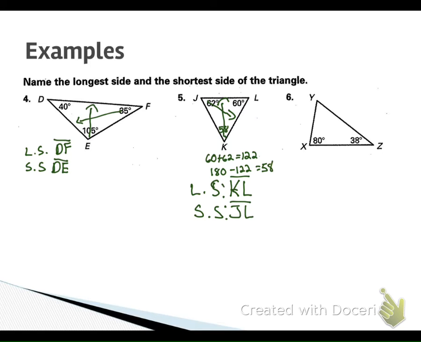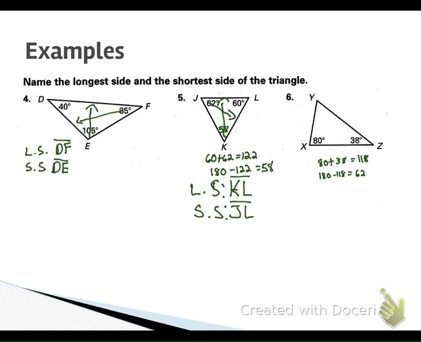And then our last one, again, we have to find that missing angle. So I'm going to add my two angles together and subtract from 180, just like we just did. So 80 plus 38, which is 118. So then we have 180 minus 118, 62.